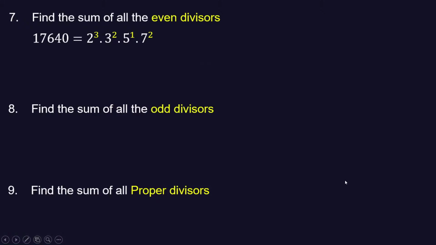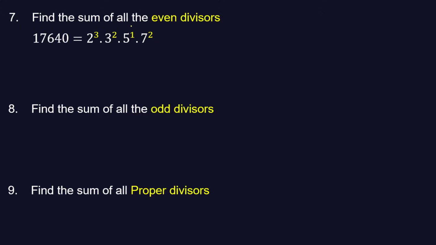Find the sum of all the even divisors. Think about it. What is an even divisor? Even divisors are those divisors in which your 2 is present. At least one 2 is present. Tell me yes or no. You okay? Now see this question.